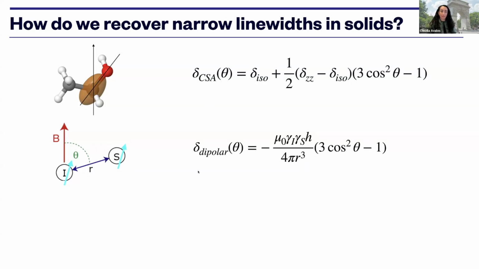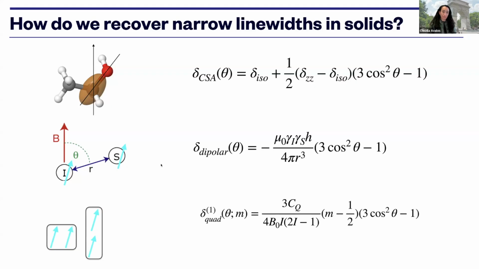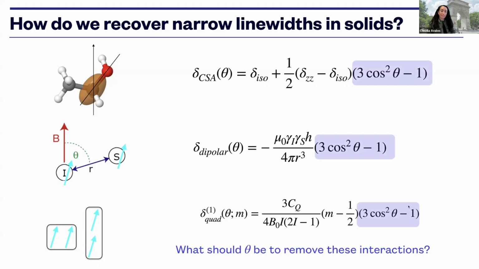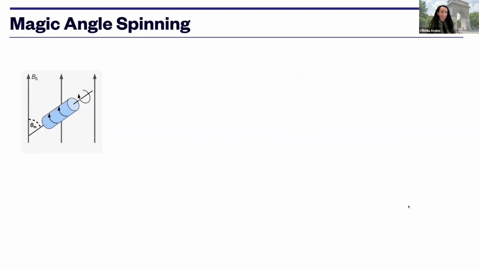In the case of a solid, you have this dipolar interaction, also with a 3 cosine squared theta minus 1 term. And if we look at the first order quadrupolar terms, we also have this 3 cosine squared theta minus 1. So what should theta be to remove these interactions? I think you all maybe know the answer here.